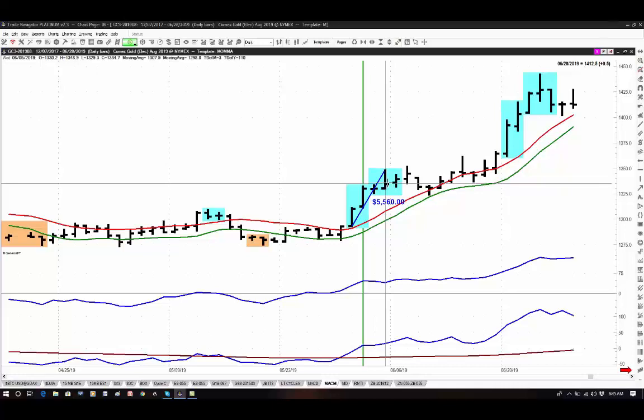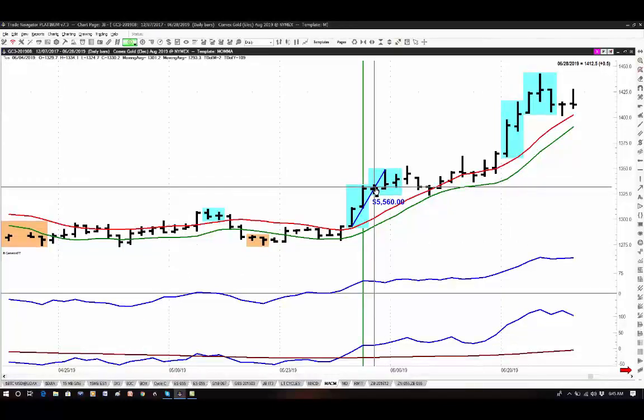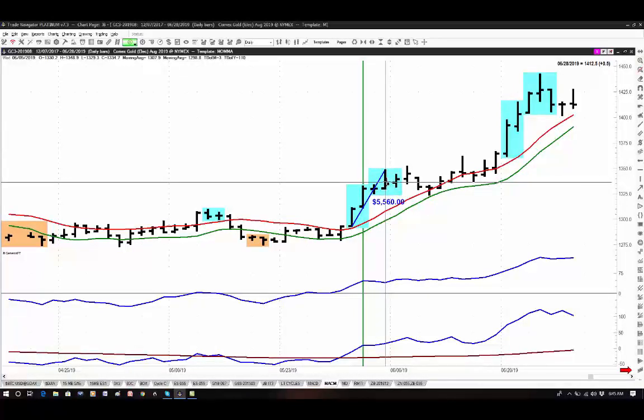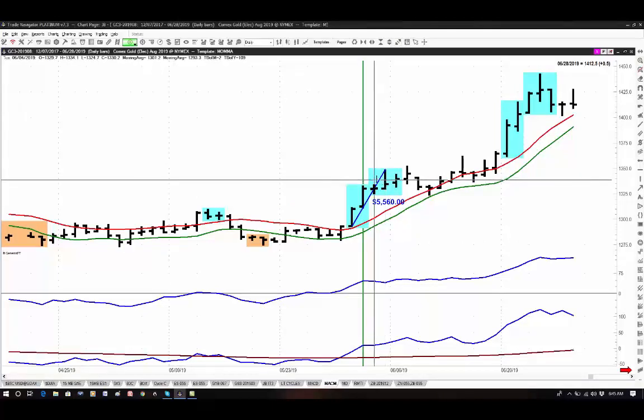So let's take this move right over here, the 55.60, and move it from here and calculate the target. Let me show you what I mean. Let's do it manually.